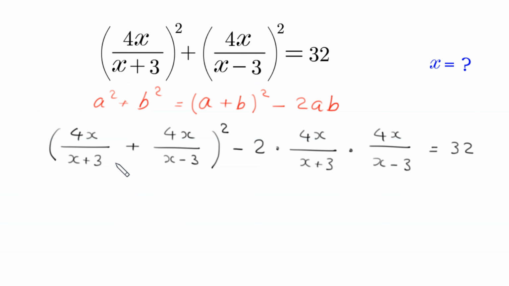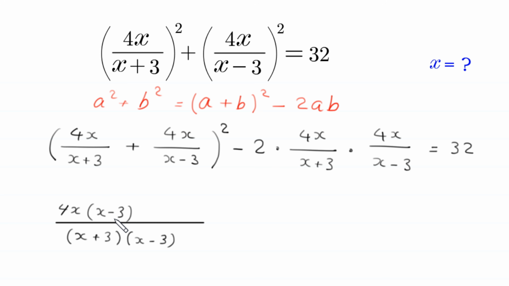Now we take the LCM of this x plus 3 and this x minus 3. The LCM is x plus 3 times x minus 3, and when we divide this LCM by this x plus 3 we get this x minus 3, so we multiply this x minus 3 by this 4x, so this will become 4x times x minus 3.